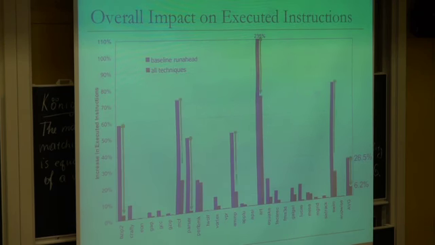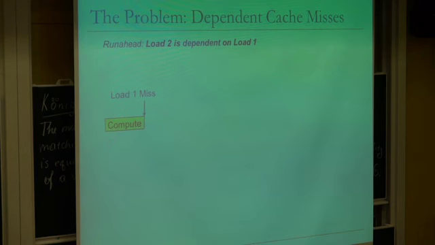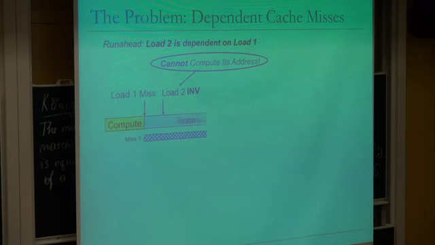So what is the problem specific to Runahead? You get a load miss. The processor enters Runahead mode. In Runahead mode, it executes this load 2, and it turns out load 2 is dependent on load 1. It's marked as invalid. It cannot compute its address, which means that Runahead mode ends. Later, you re-execute from load 1, and now load 2 is encountered.